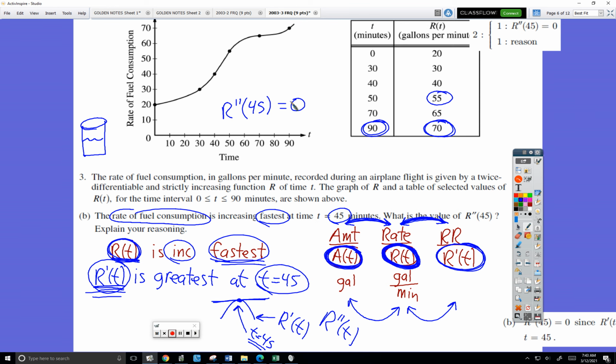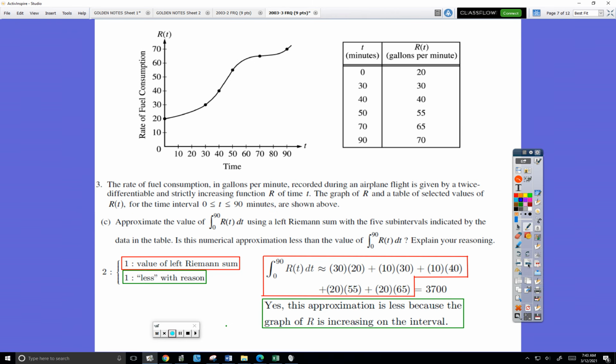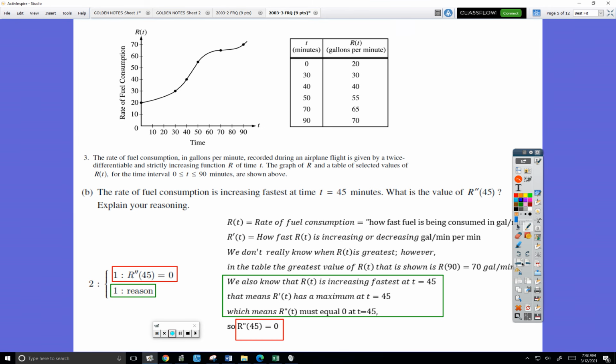Explaining that to me is a little bit tough on the brain. But here's what I finally wrote in green, which I felt like was the most concise way to say it. We know that R is going up fastest at this time. That means R prime has to be greatest at that same time.